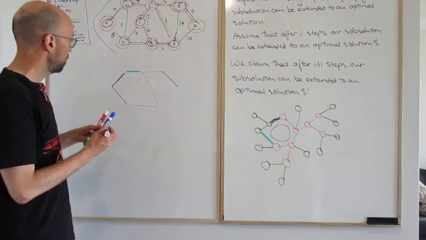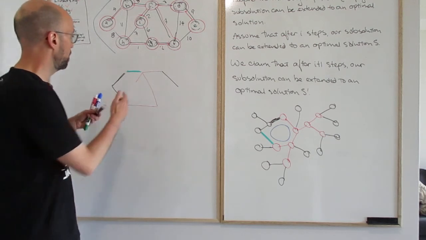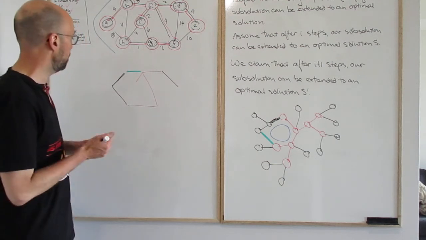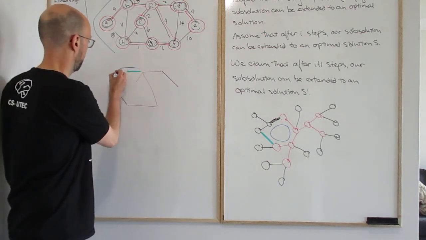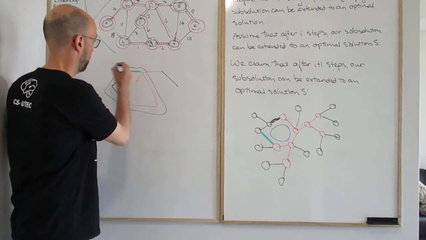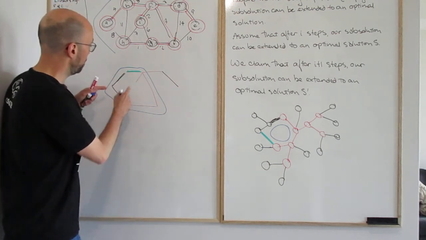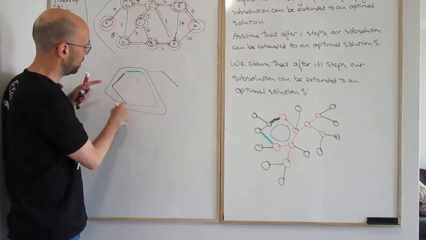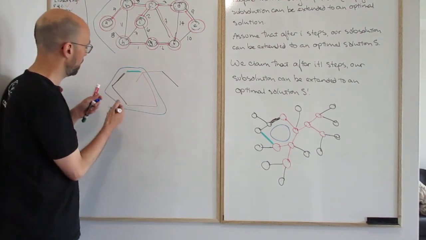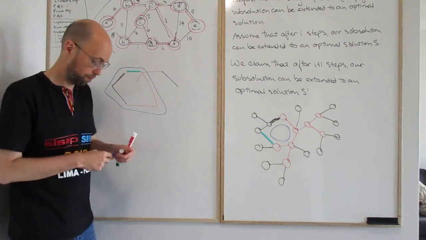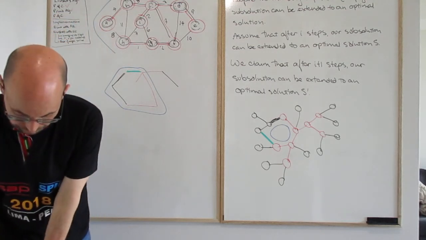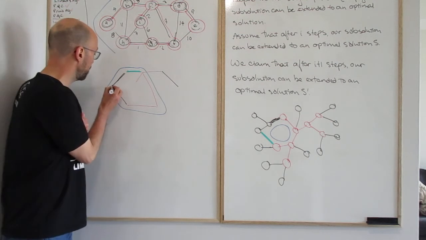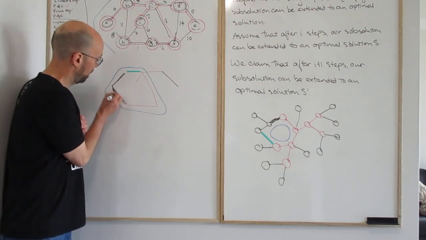Yes, okay. So now if we add this green edge, it creates this cycle, but this green edge leaves the red tree, and the cycle has to come back into the red tree, so it has to have a black edge that is incident to the tree.